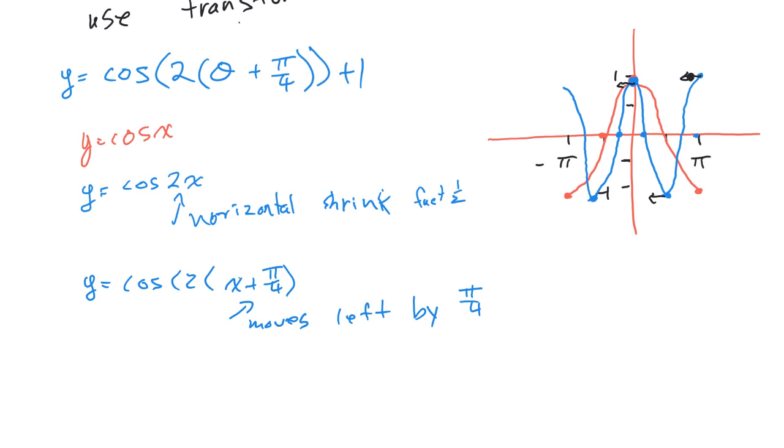So it goes here, and then this point goes over 1/2. This point goes over 1/2. This point goes over a bit. This point goes over a bit. And this point goes over. That point goes over 1/2. And then this point goes here.